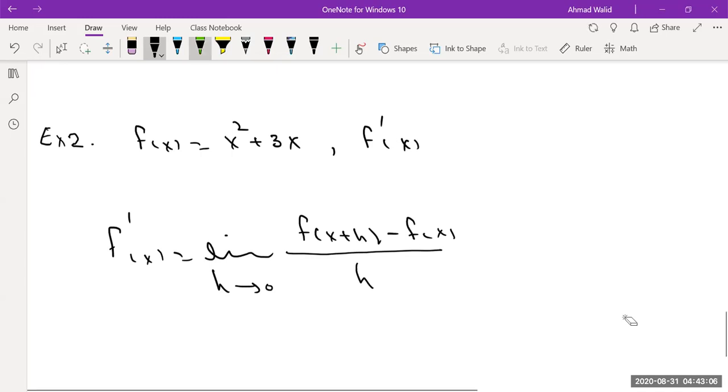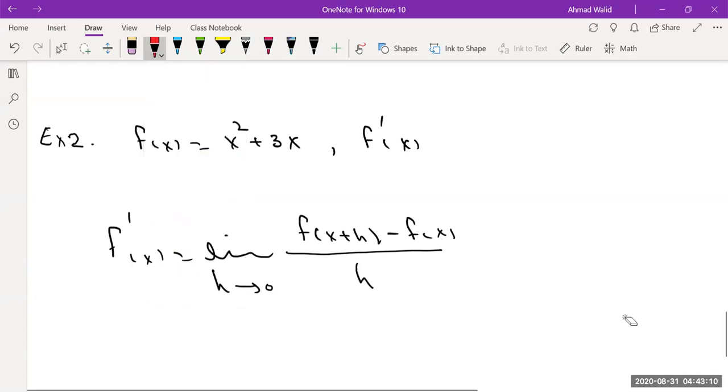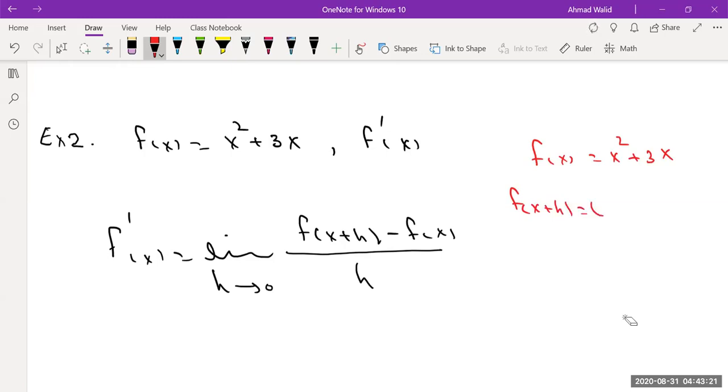First, you have to find f of x plus h. If the function is f of x equals x squared plus 3x, then f of x plus h equals x plus h squared plus 3 times x plus h.